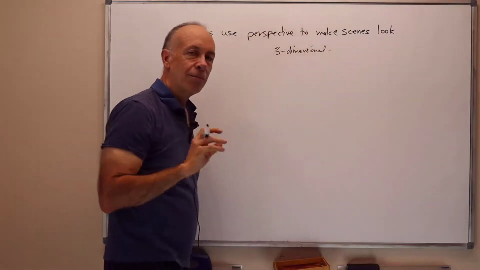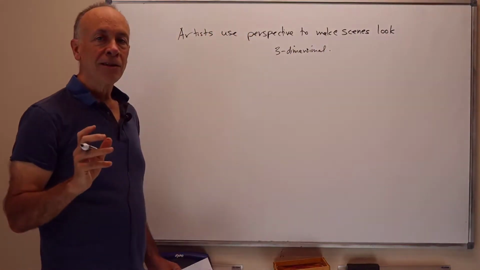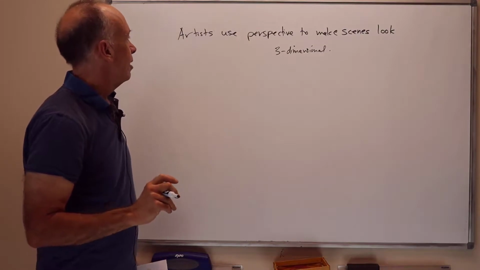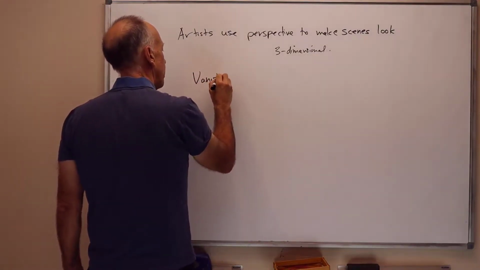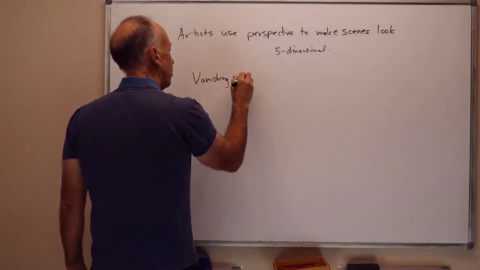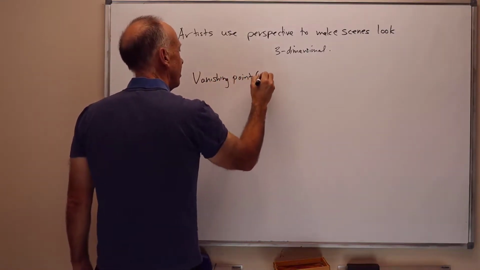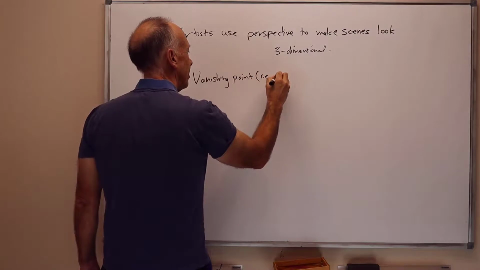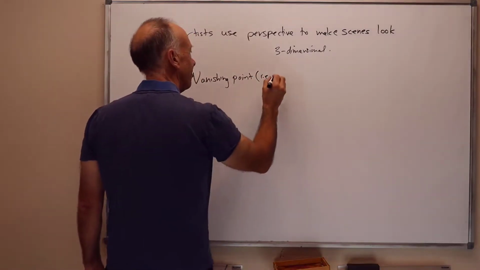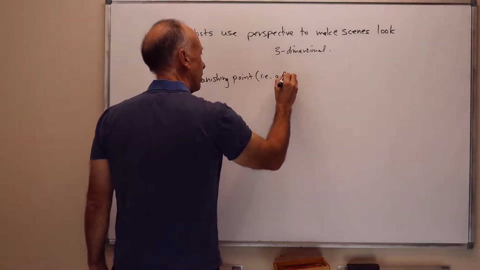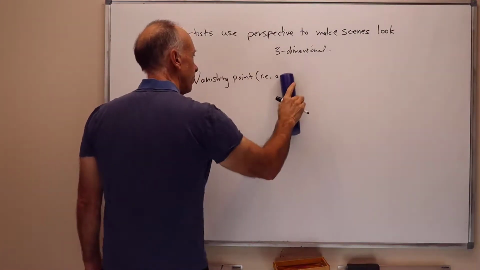We give the right sort of perspective that gives a sense of realism to an image. And they tend to use the notion of vanishing point. And a vanishing point is essentially a point at infinity, but drawn at a finite point on the image.